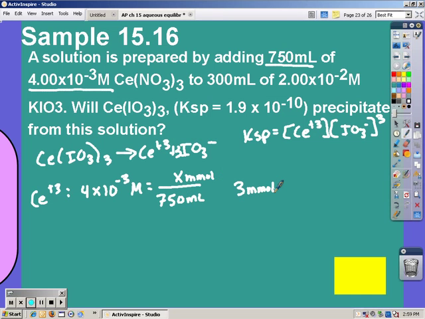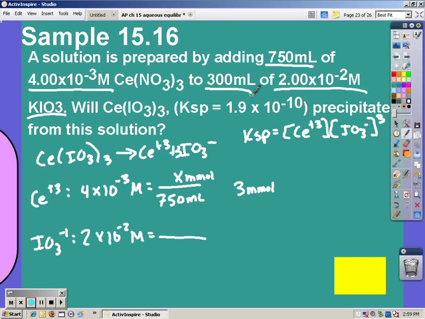I'm going to do the same thing for my potassium iodate. So my iodate is 2 times 10 to the negative second. And I have 300 milliliters. So that gives me 6 millimoles.